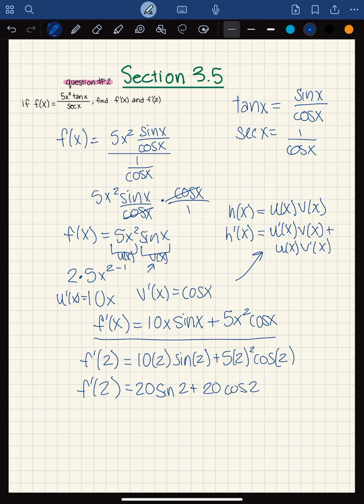And then I computed these values in decimals to get what 20 sine 2 and 20 cosine 2 equals.